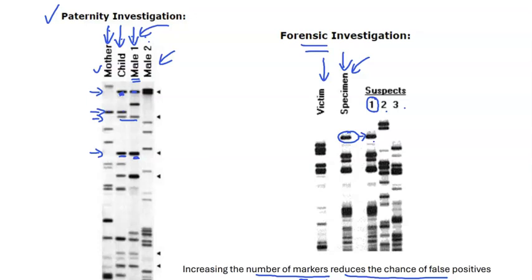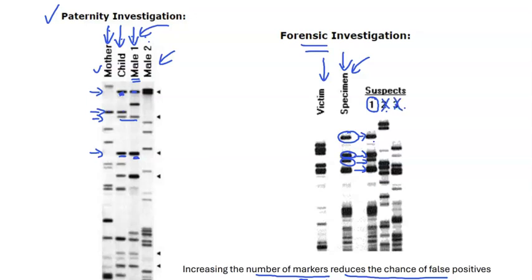Note that it doesn't show a crime has been committed. What it shows is that suspect 1 may have been at the crime site. But as we continue our investigation, we start to note that other specimen fragments of DNA continue to match up with suspect 1, but not with 2 and not with 3.